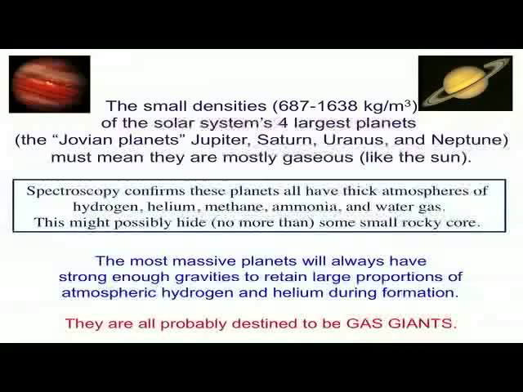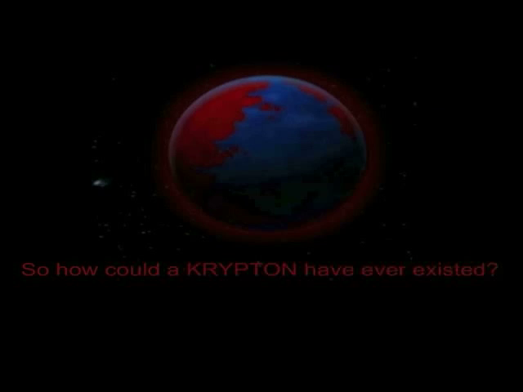The most massive planets also, early in their formation, have gravities that are strong enough to hold on to their atmospheric hydrogen and helium during their formation, unlike, for example, planet Earth. That means probably all really, really big planets in the universe are all destined to be gas giants, not rocky planets at all.